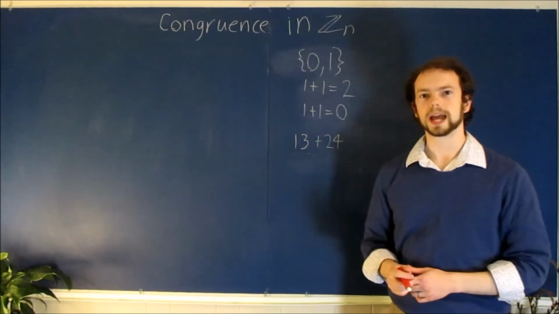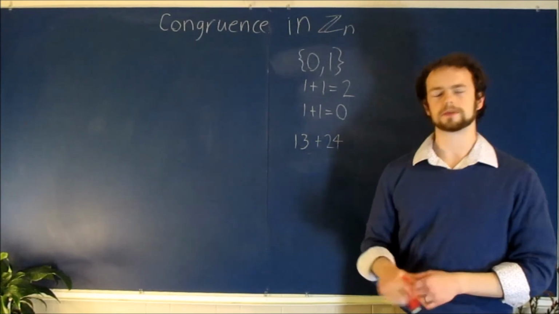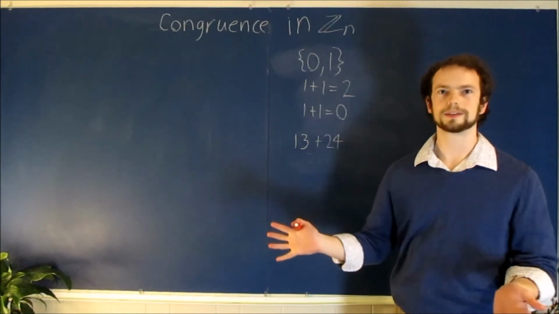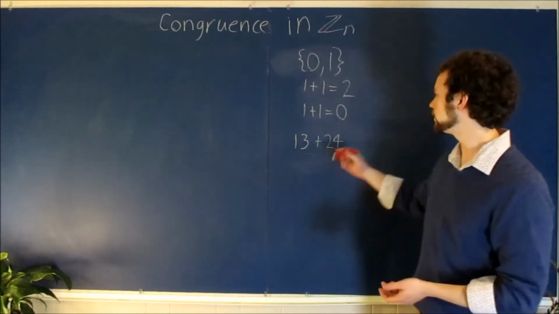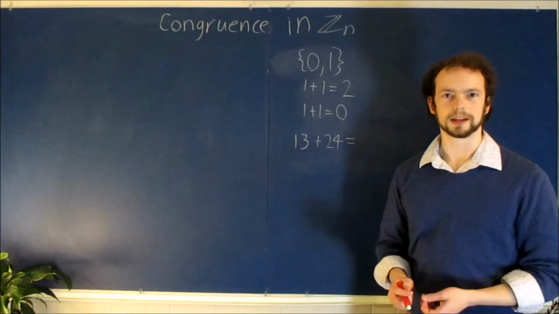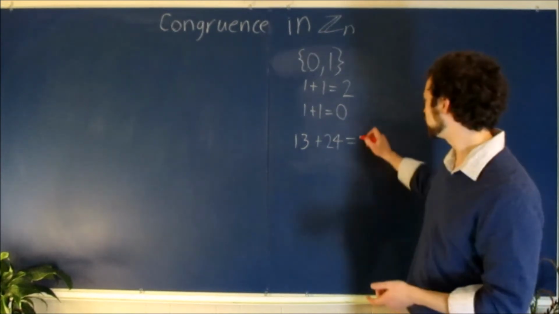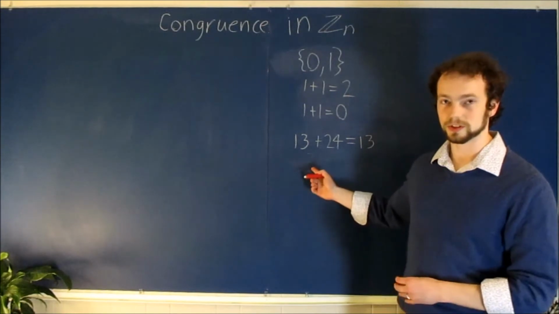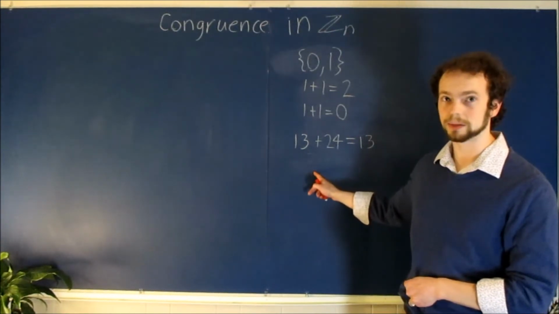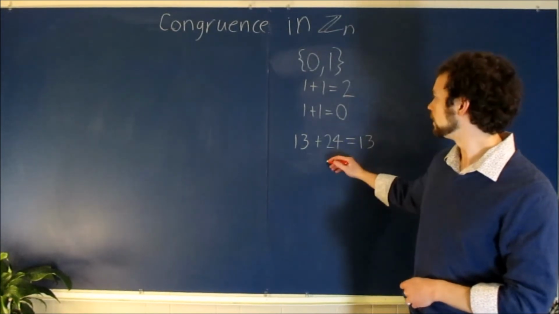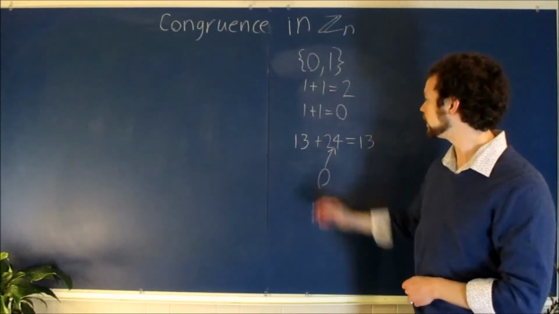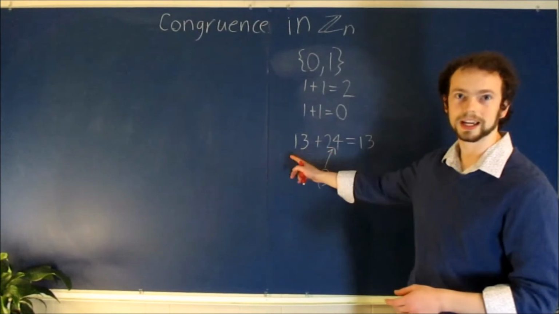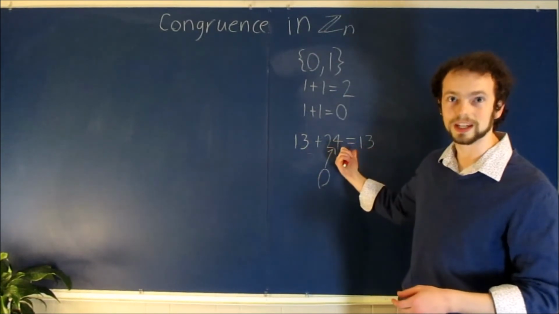What happens if I add 24 hours to that? If I wait a 24-hour period, what time am I left with at the end of it? The answer is I'm still left with 13. What that means is, in our military time number system, the number 24 is 0. It's functioning the same way that 0 does. I add it to 13 and I get 13.